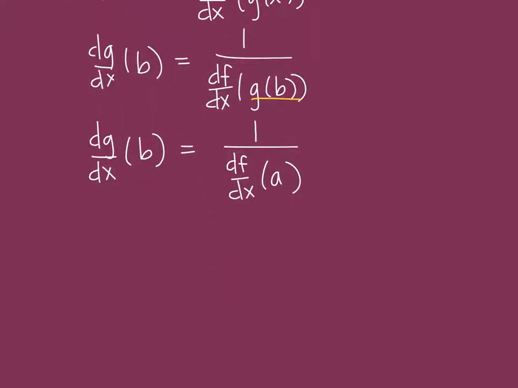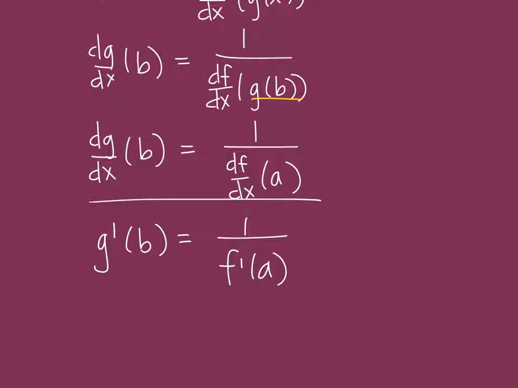It might be easier to see it in Newton's notation instead of Leibniz. So let's convert to Newton. G prime of b is equal to 1 over f prime of a. And that is the development of the derivative of an inverse function. G is the inverse, and so its derivative, when using the b value, is equal to the fraction 1 over the f derivative when using the a value.